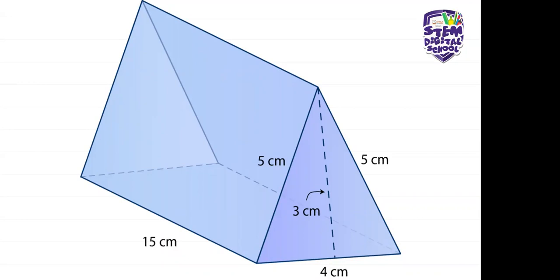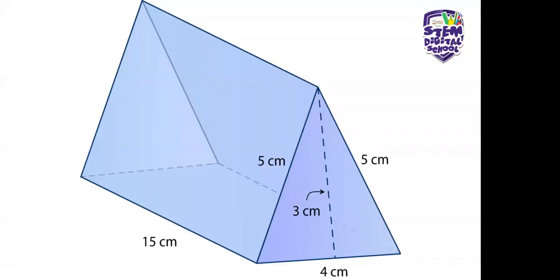And of course, 15 centimeters is the length, and the height of the prism is 3 centimeters. You can also see the other sides, 5 centimeters each. Those are the 2 sides that complete your triangle.